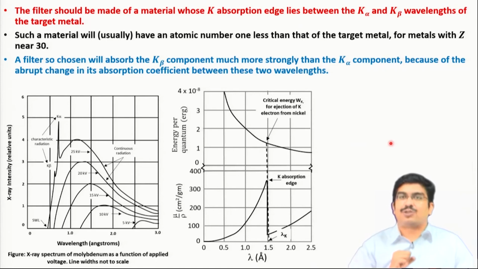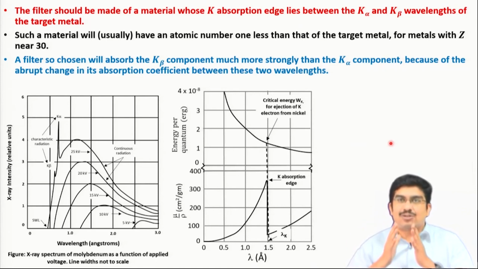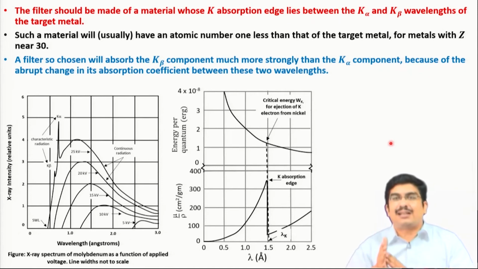K beta will be absorbed, but K alpha will not. Filter materials are chosen in such a way that they selectively absorb certain wavelengths from the incoming X-ray. That is the purpose, and that is why it is called a filter material.